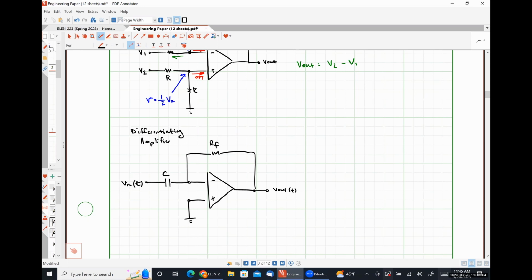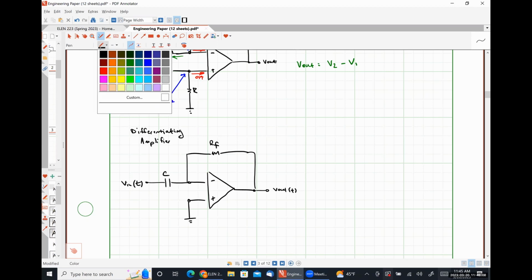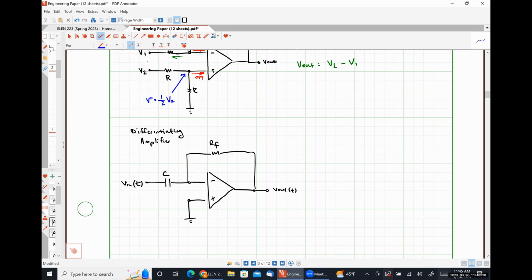So just as a brief refresher here, the current flowing through a capacitor is given by C times the derivative of the capacitor voltage with respect to time.